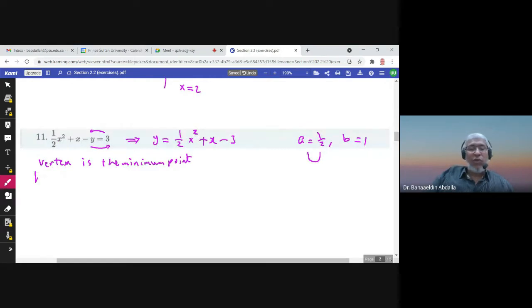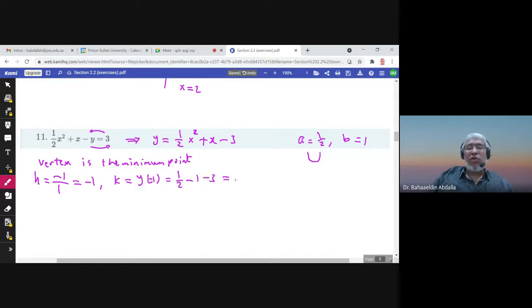Well, h would be negative b over 2 times half, which is 1. So it's negative 1. What about k? K is y of negative 1. So it is half times negative 1 square, which is 1, plus x, so minus 1, minus 3.